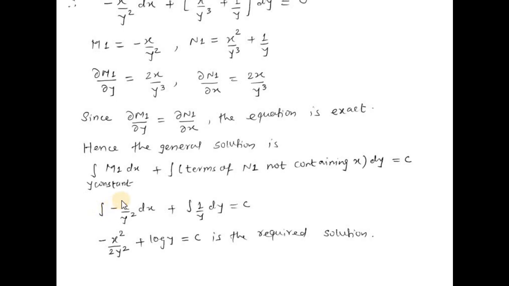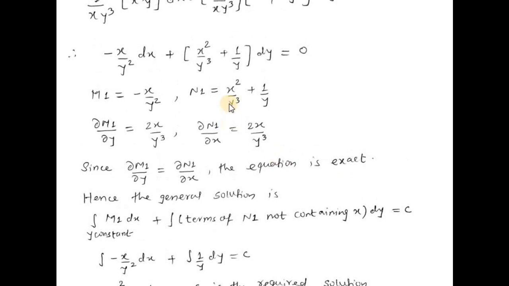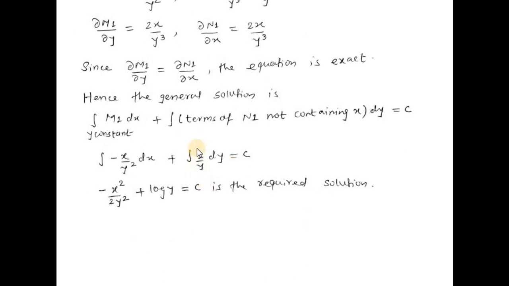So integration minus x by y square dx, plus here we have to write down the terms of n1 not containing x. So in n1 first term contains x, so we will skip this first term. So we will write down 1 by y only. So it will be integration 1 by y dy equal to c.